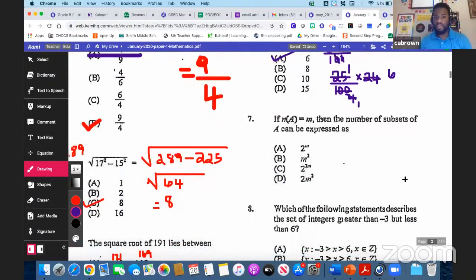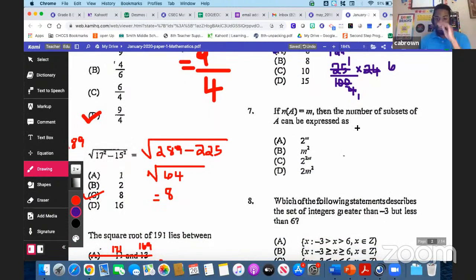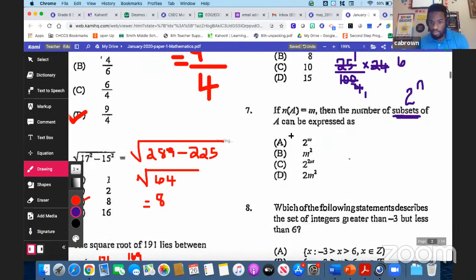All right, number 7. If the number of elements in A equals m, then the number of subsets, whenever we hear subset, you know the formula is 2 raised to n. How can this be expressed? It can also be expressed as 2 raised to the power of m, which is A, because it told us that the number of elements in A is m.